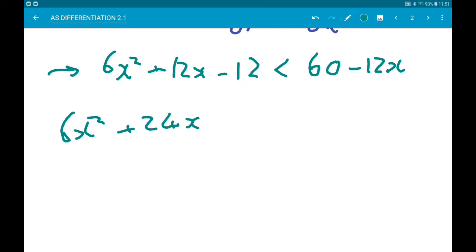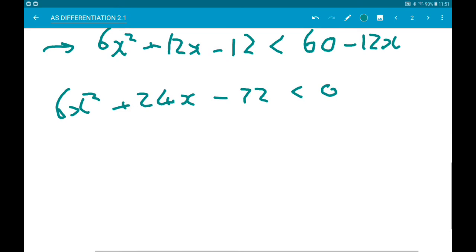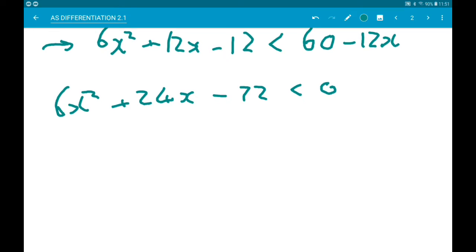And then we are subtracting 60, so we get minus 72, which is less than 0. Now this has a common factor of 6, so let's divide through by that. So we get x squared add 4x minus 12 is less than 0.